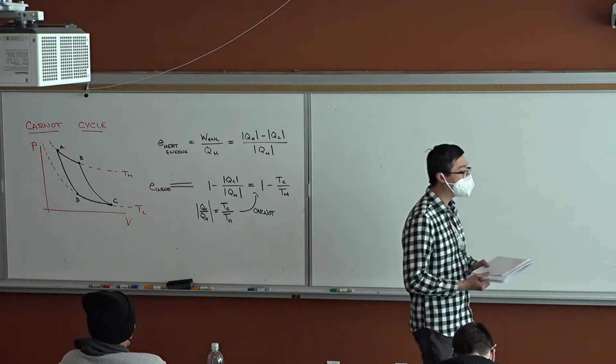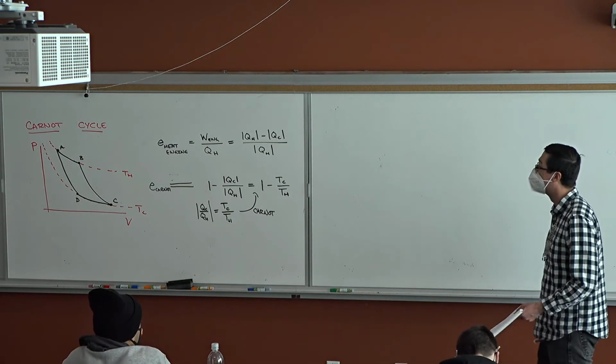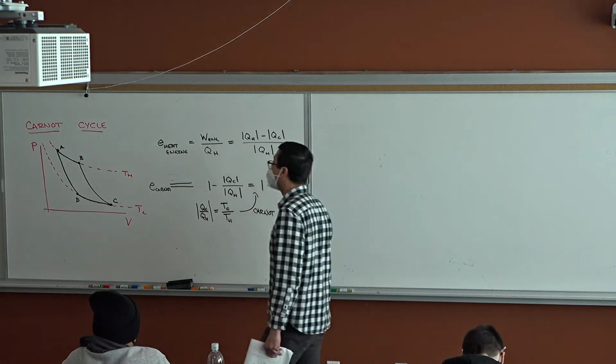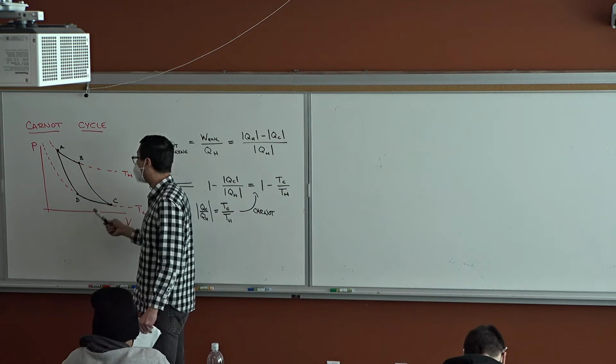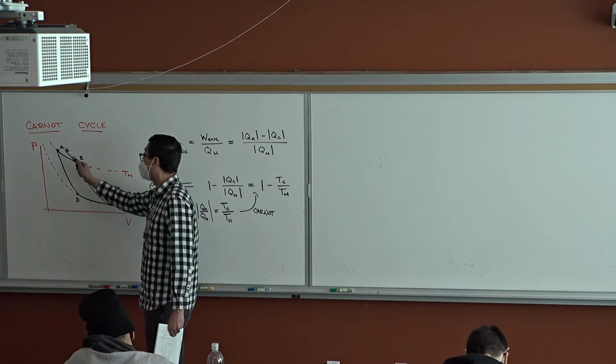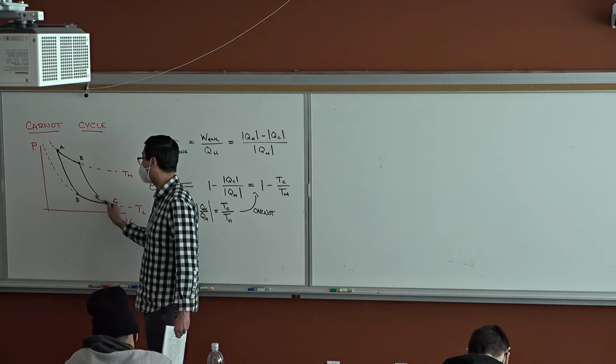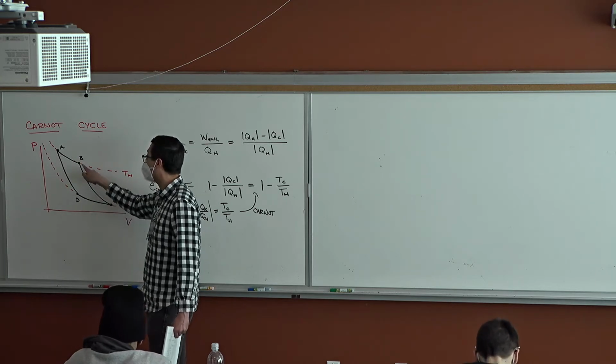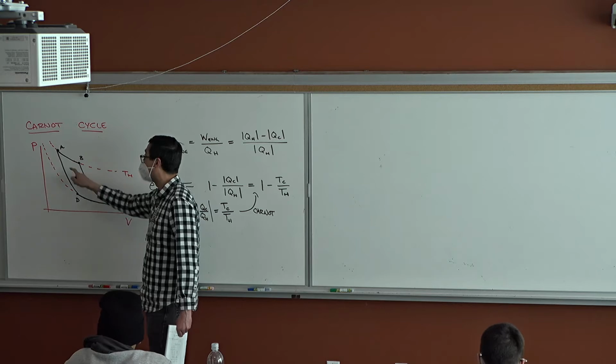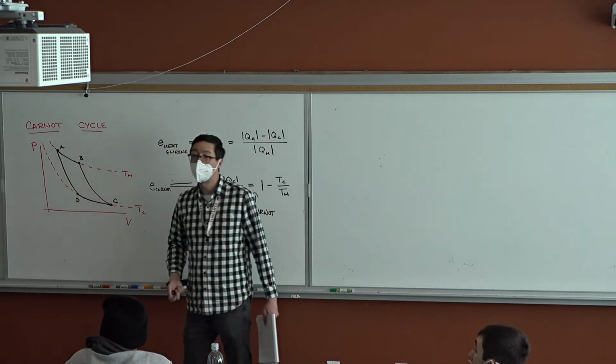It's pretty straightforward, taking advantage of these two known temperatures, and that A and B have the same temperature, and that C and D have the same temperature, and that B is connected to C by an adiabat, and A is connected to D by an adiabat.